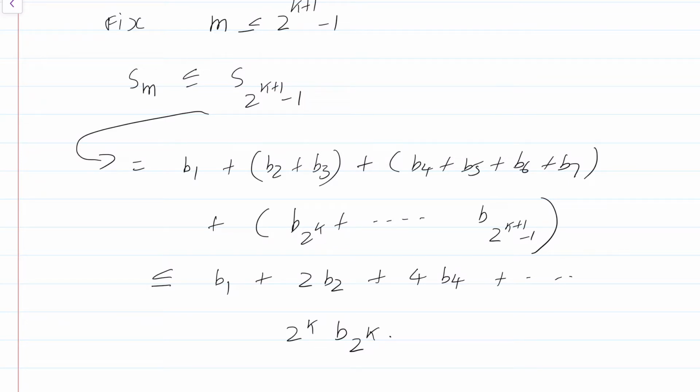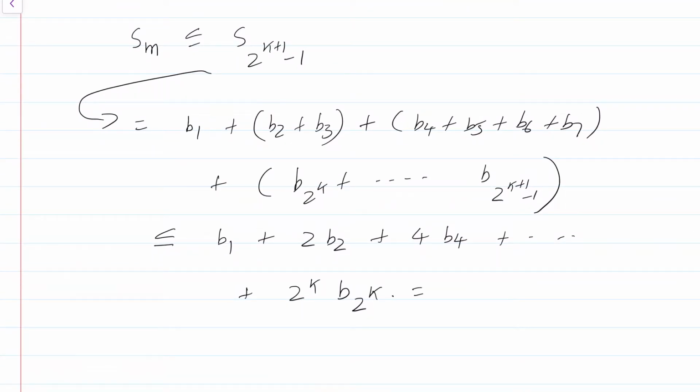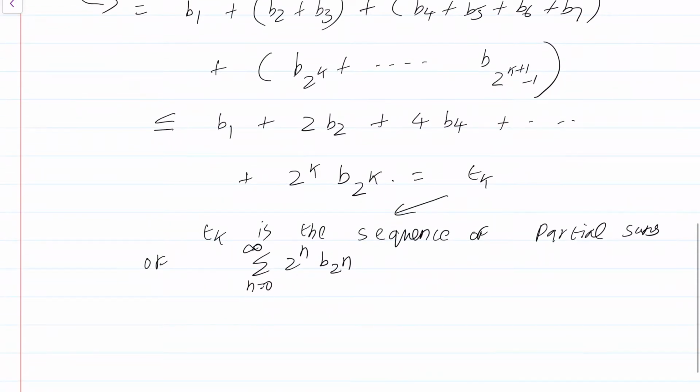So, what have we got? We have got that this is nothing but tk, where tk is the sequence of partial sums of summation 2 power n b 2 power n equals 0 to infinity. Right? So what we have actually established is that the sequence Sm is bounded above.